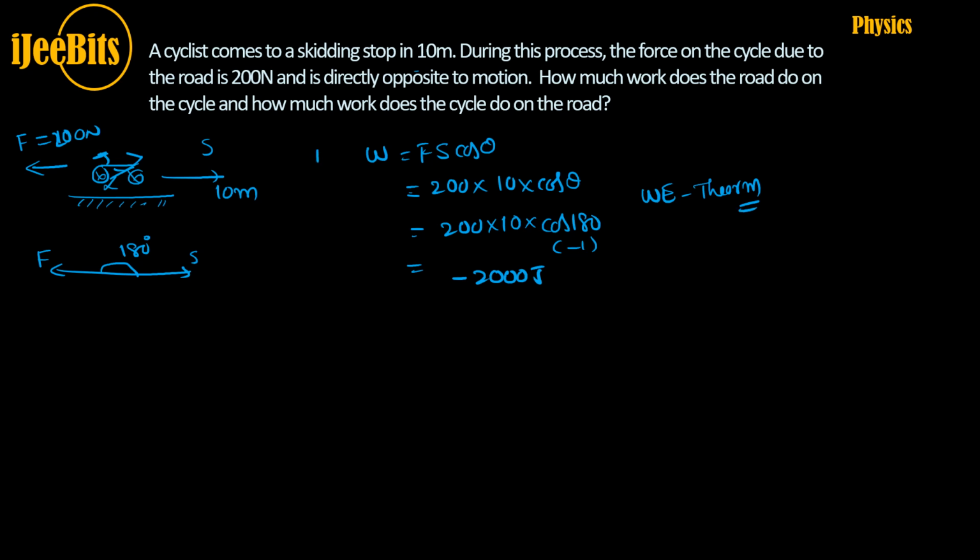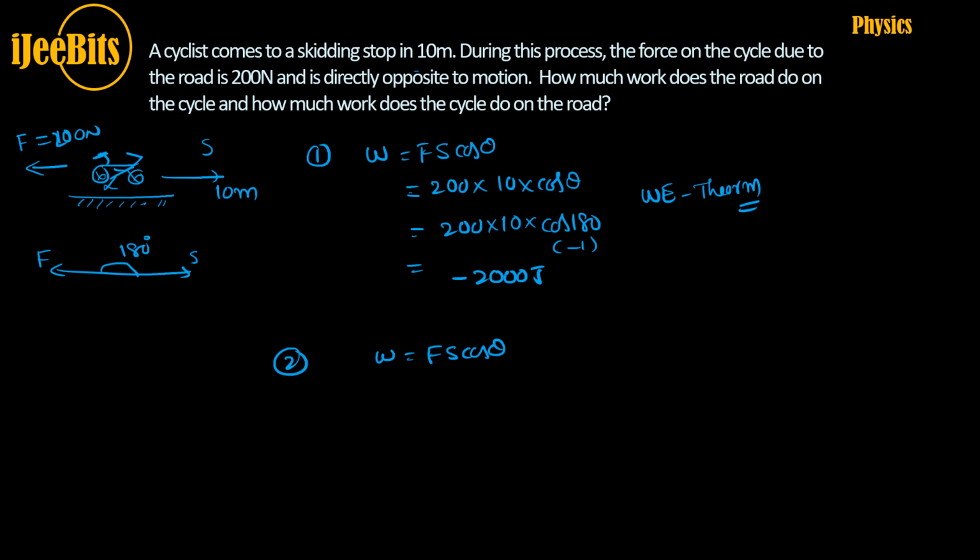Okay, this is part one. What is part two? Part two is talking about how much work the cycle does on the road. Let's look at the same fundamental formula, W equal to Fs cos theta. Let's assume that the cycle does some kind of work on the road.